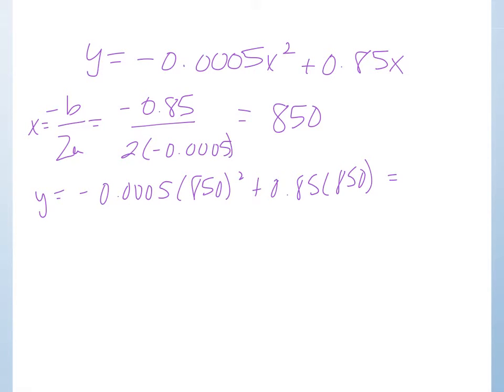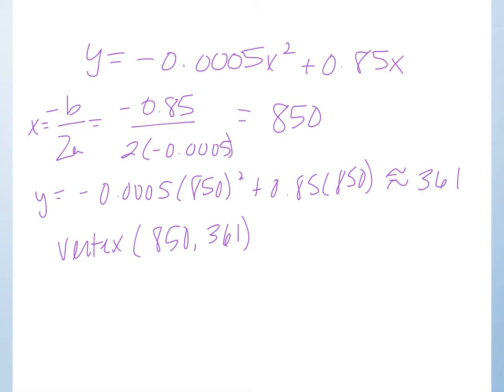And then if I add that to 0.85 times 850, I'm going to get about 361 because it's really 361.25 in my calculator, but I'm going to put about 361. So my vertex is 850, 361. So to get the entire height, I hope this works very well, and I hope it doesn't mess up the video, but here we go.